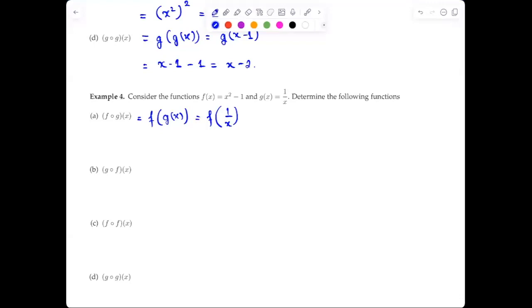If you want to simplify further, you can just write this as 1 over x squared minus 1.